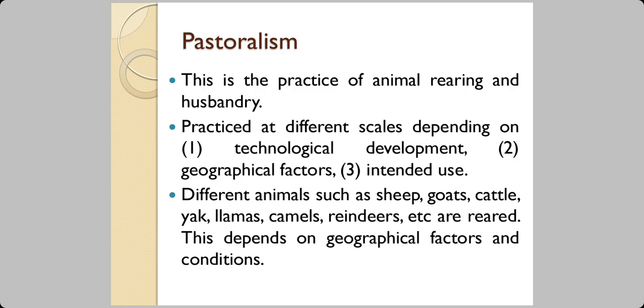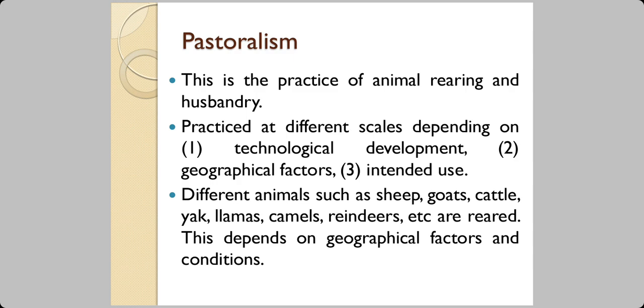Countries like New Zealand or Australia, where they keep merino sheep, will be using technologies which are available to them, and people who are still keeping sheep, maybe in Africa or in the interiors of India, will be hardly using any technology. No vaccination, no RFID, nothing.